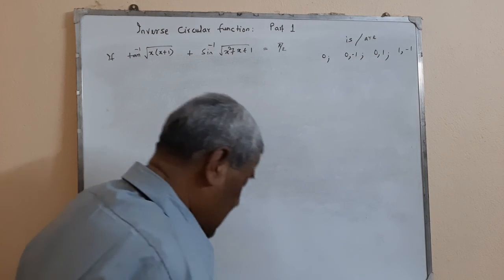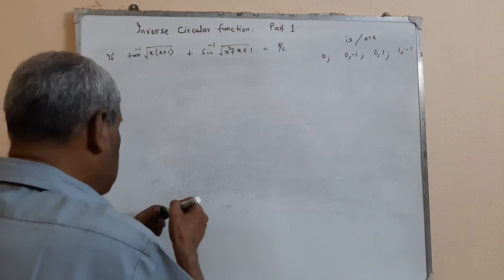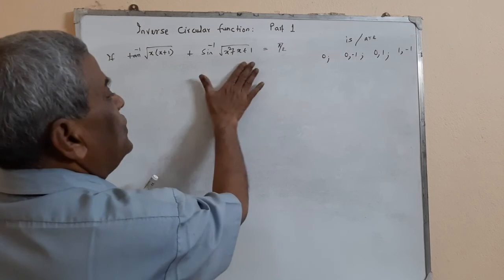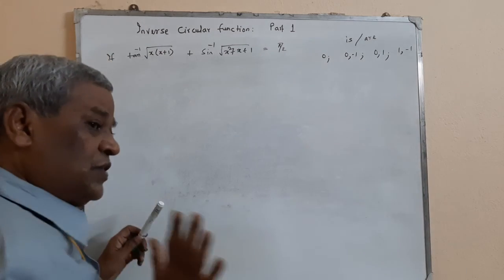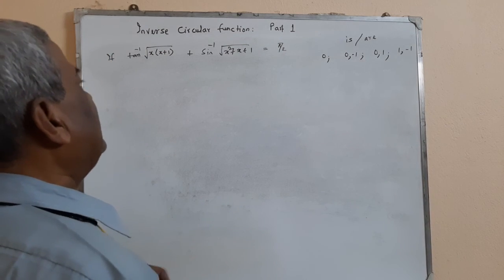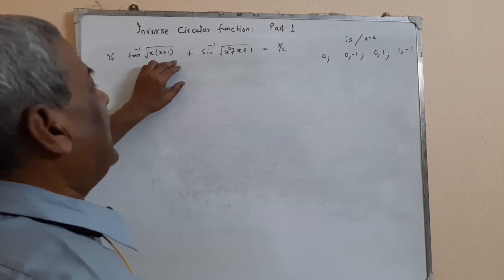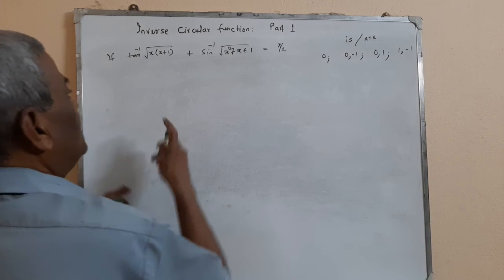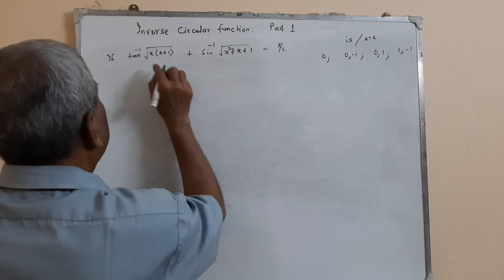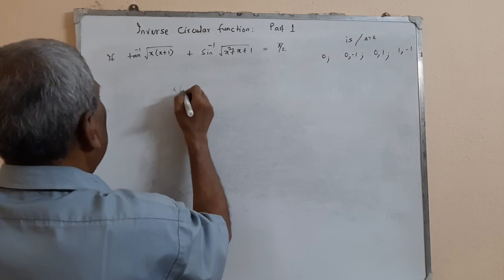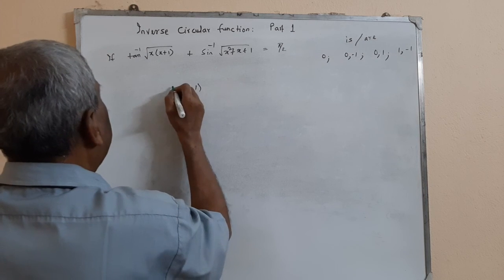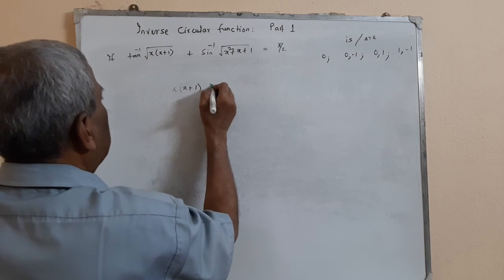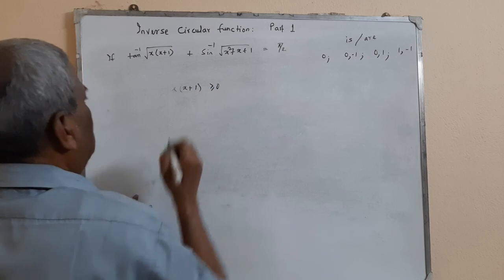So now here you see this one equation is given. Because it is a given equation, we can say that this is defined, not undefined. In that case, x into x plus 1 is within the root, so it must be greater than or equal to 0.